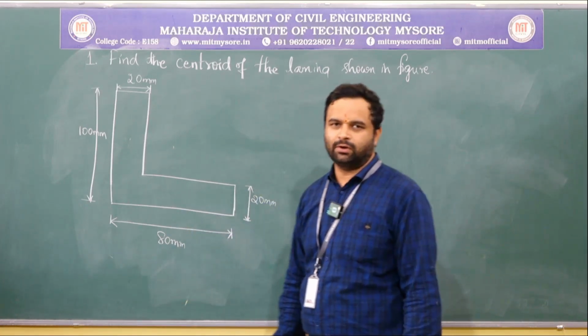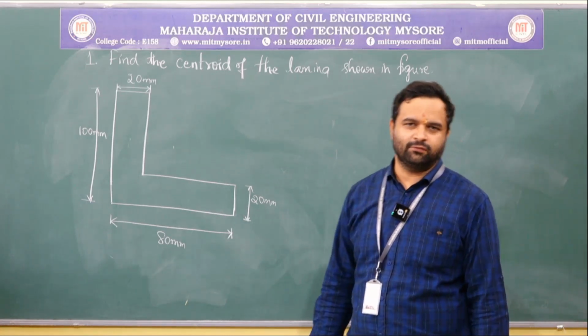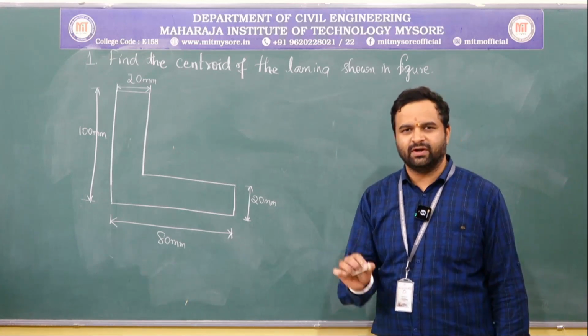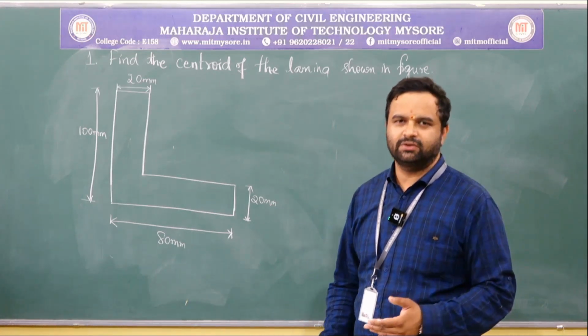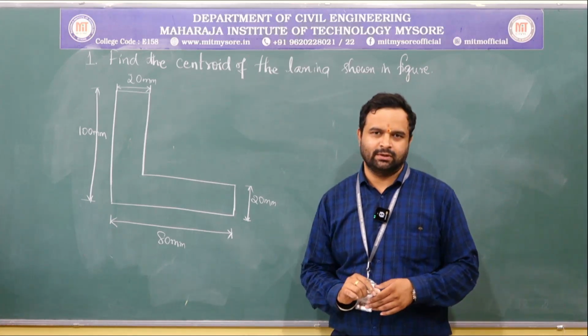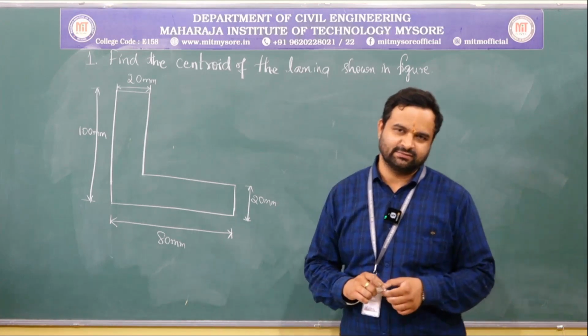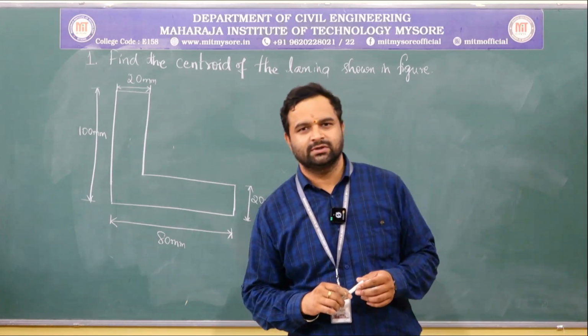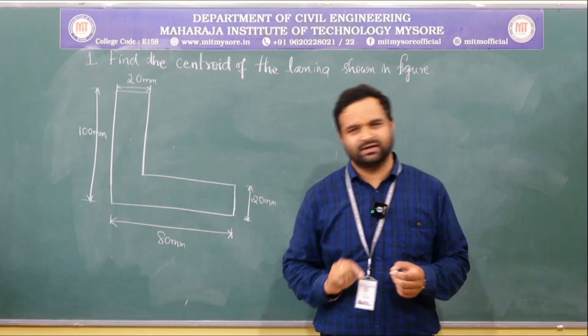So what are the steps involved in this? There are basically 3 to 4 steps involved. If you find any axis of symmetry, that is any symmetrical part, then you need to draw that axis. The second thing is you need to write the referral axis. It is very much important because you are going to determine the centroid with respect to that referral axis.